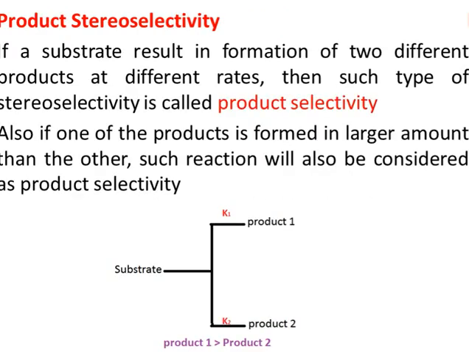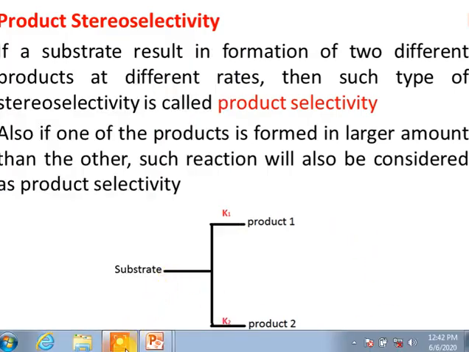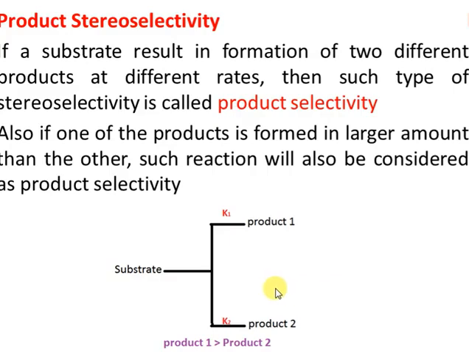So firstly, we have product stereoselectivity, right? Whenever we have one substrate, one reactant, and that reactant is forming two different products, but the formation of one product is favored over the formation of the other product, right?